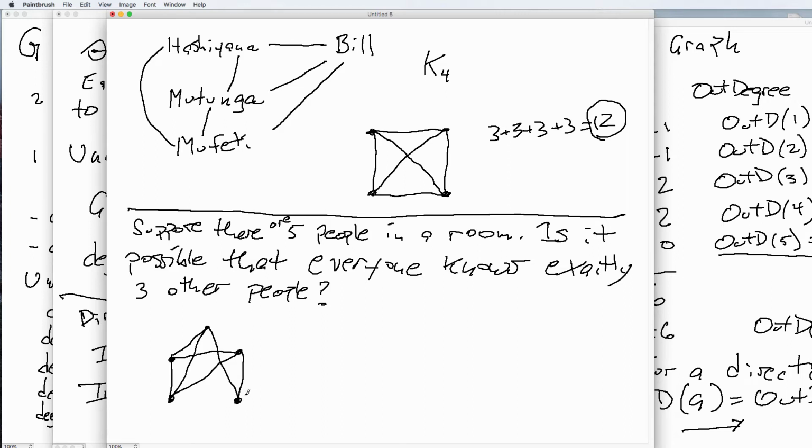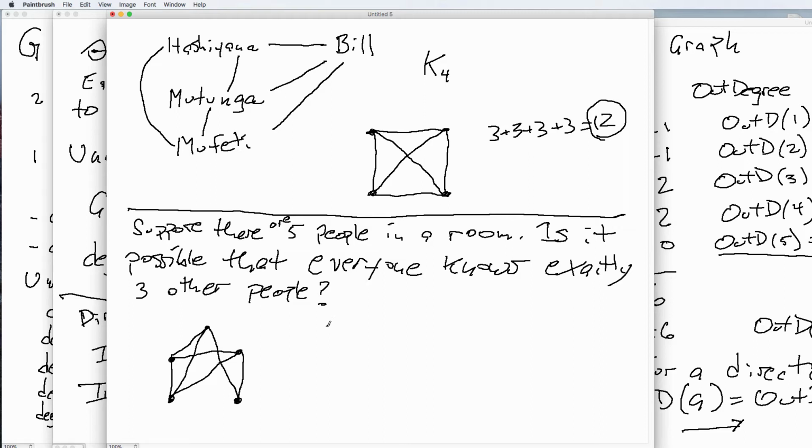But now, who can I draw this to? The answer is, I can't draw it to anyone because then somebody would know 4 people. Well, I really didn't even need to draw this picture. Suppose you had a graph with 5 vertices, and you're claiming that the degree of each point is 3.